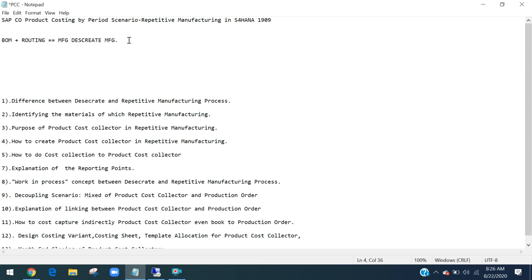Discrete manufacturing is where we change frequently the bill of material, meaning input material and their quantity, and the routing, the manufacturing process such as machine hours, labor hours, and any utilities.